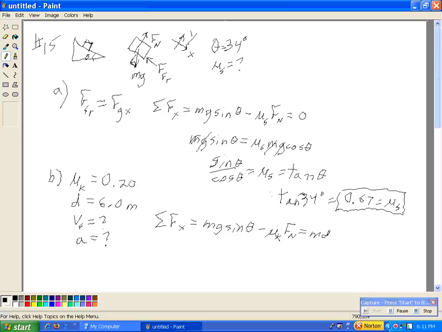Because here it's actually accelerating now. Since it has acceleration, it doesn't equal 0, it equals ma. The sum of all the forces equals mass times acceleration.